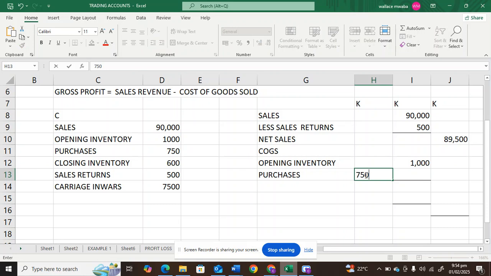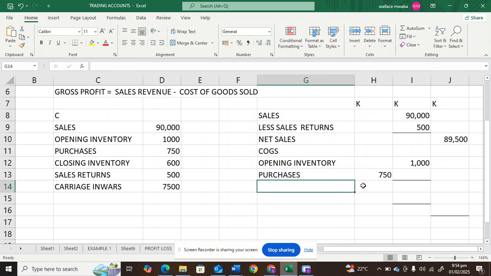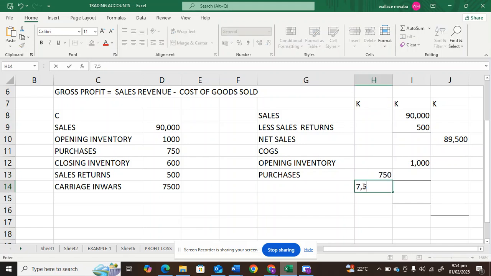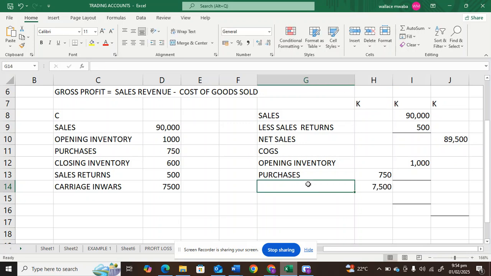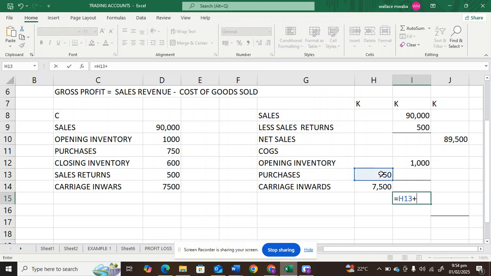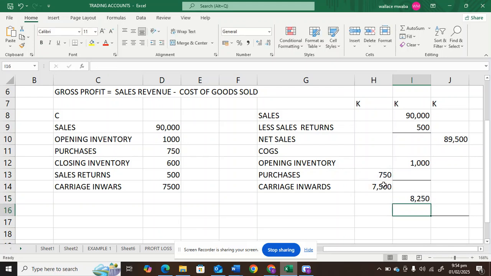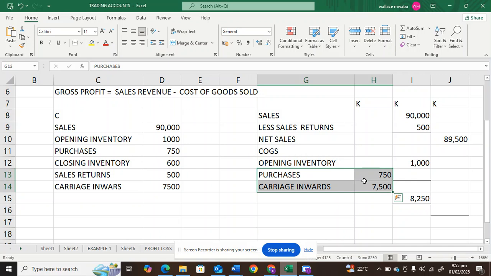Then to bring those goods to our premises, it cost 7,500. This is not just a one-off payment. Throughout the year, the total amounted to 7,500. So carriage inwards 7,500. We total up purchases plus carriage inwards, 8,250. This is the cost to buy our goods and bring them in.